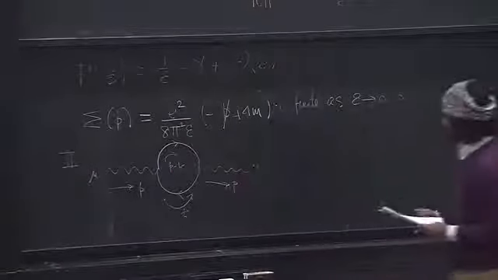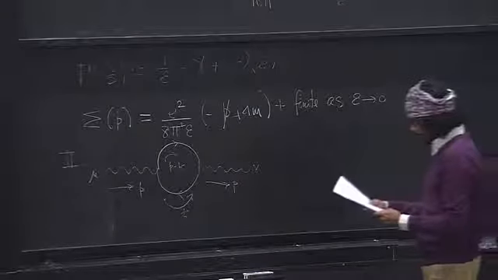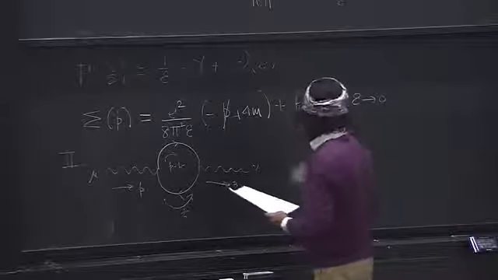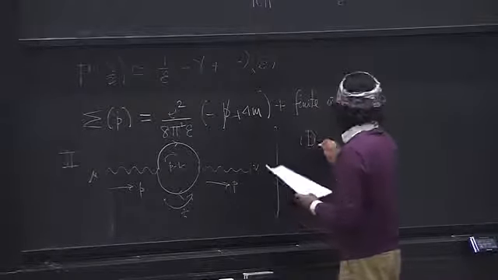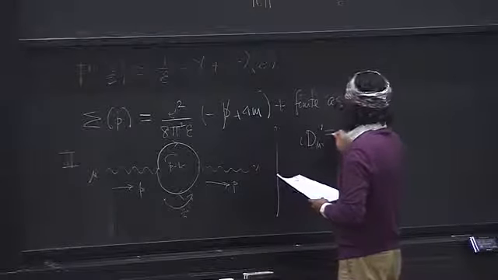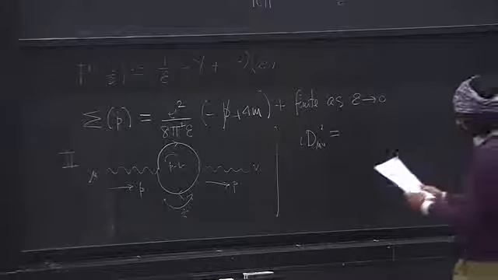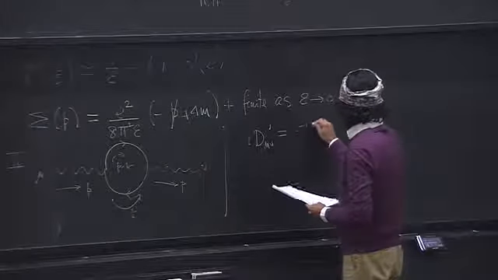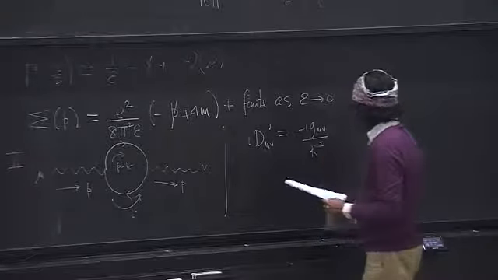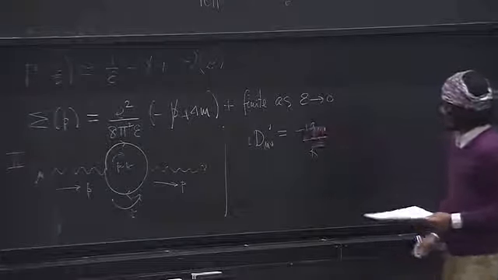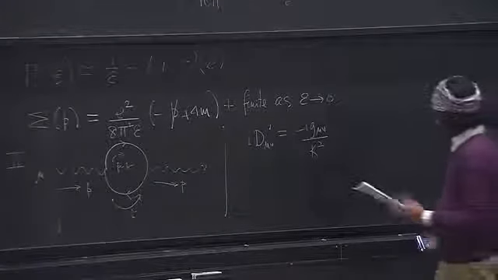So this contributes a correction to the bare propagator, and this is something I did yesterday. The exact Feynman propagator would be a perturbation series. So this is the tree-level propagator in the Feynman gauge.